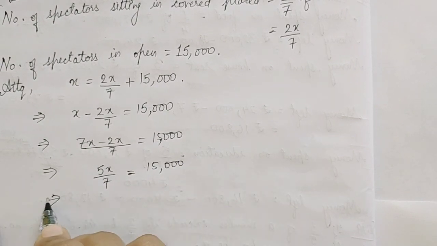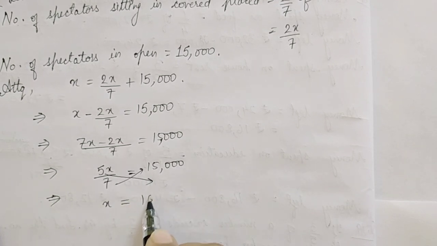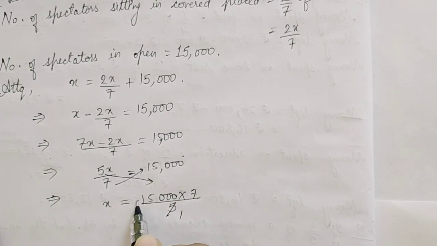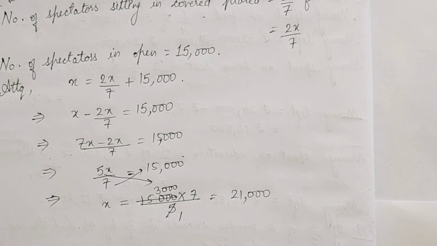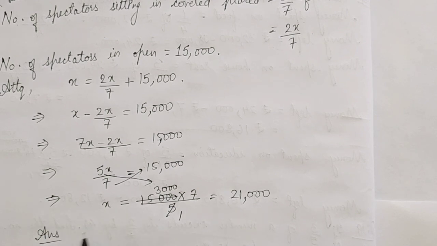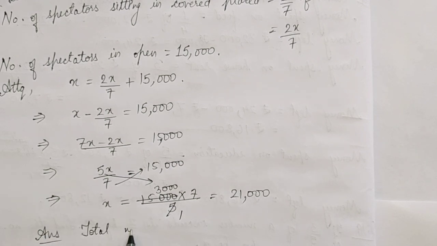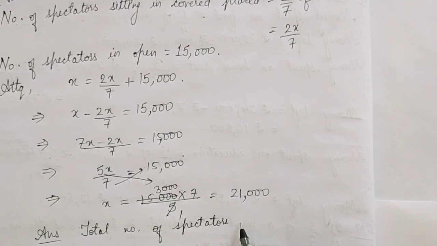Now by cross multiplication, x will remain here, 5 will come down, 7 will go up. 15,000 into 7 divided by 5. 5 ones are 5, 5 threes are 15, and three zeros. 7 threes are 21 and 3 zeros. So 21,000 is the total number of spectators, which is what they asked us to find. So this is our answer: the total number of spectators is equal to 21,000.